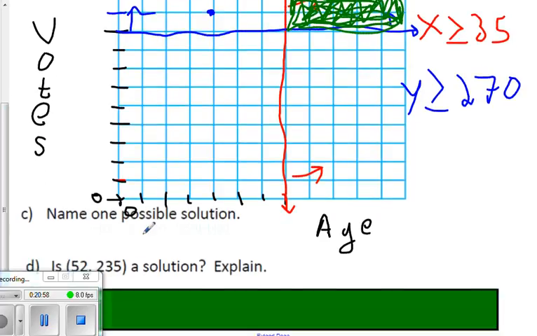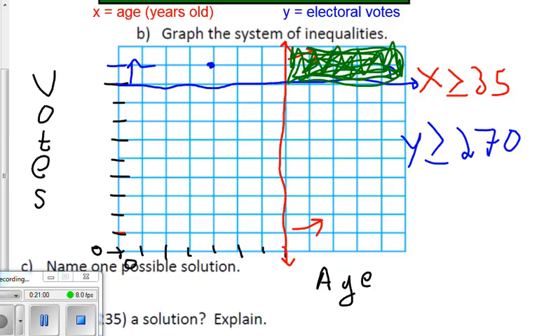So name one possible solution. Let's go right here. This spot is within our eligible area. It looks like their age would be 5, 10, 15, 20, 25, 30, 35, 40, 45 right here. And we said this was at 300.